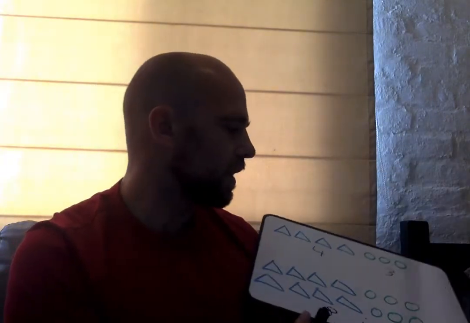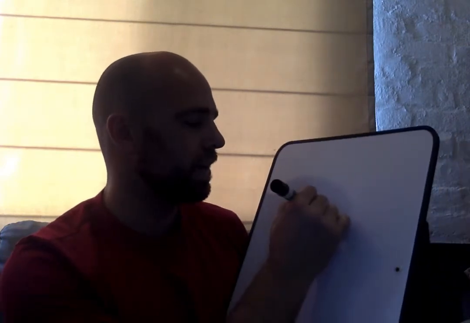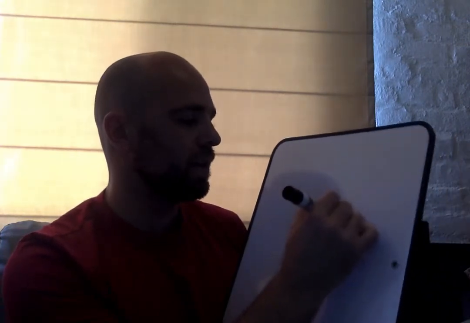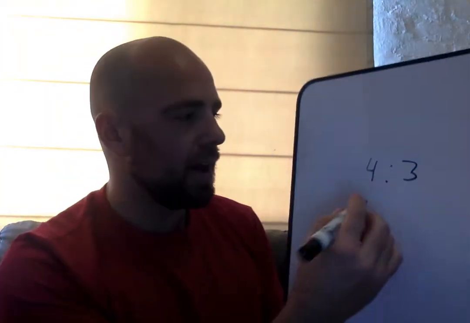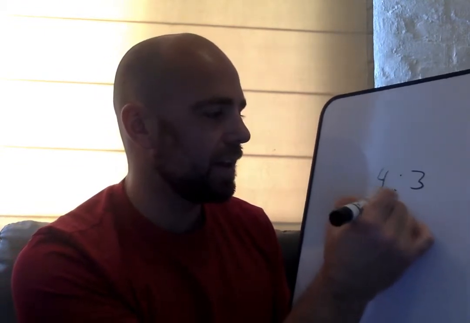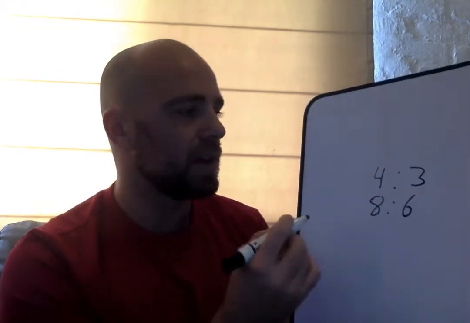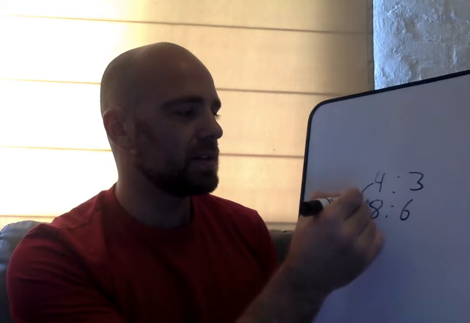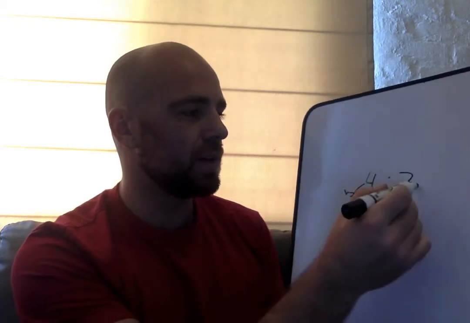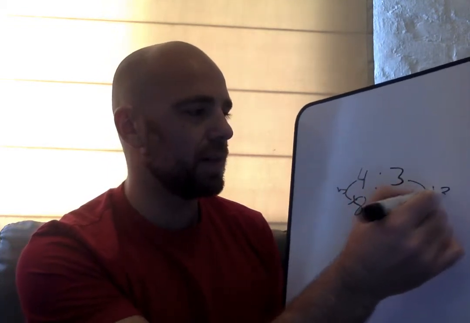All right, so I'm going to jump into something a little bit more. If we have that ratio, I'm going to take those 2 that we had. We had 4 to 3, and underneath it I had 8 to 6. So what happened here? I took this and multiplied it by 2, and I took this and multiplied it by 2.